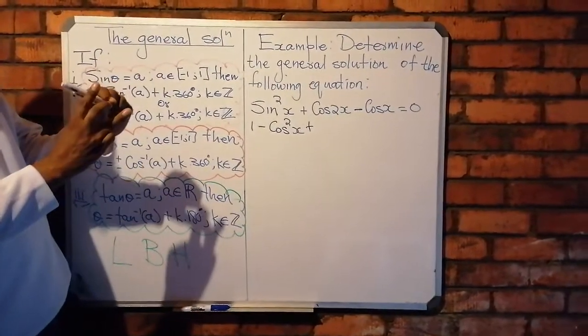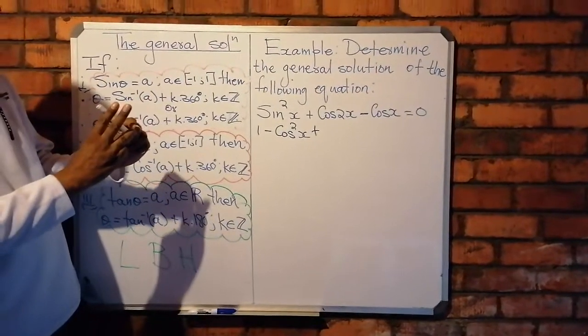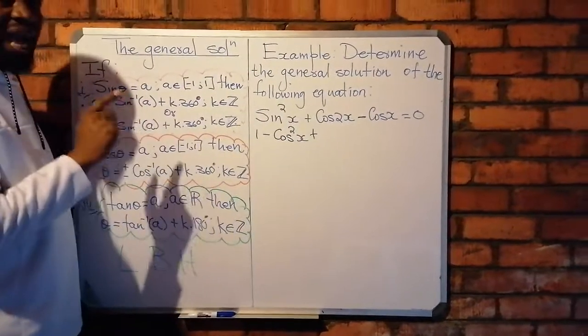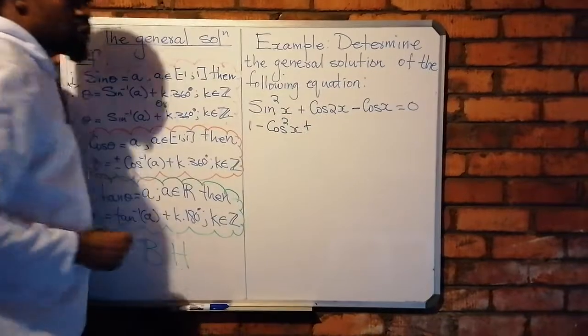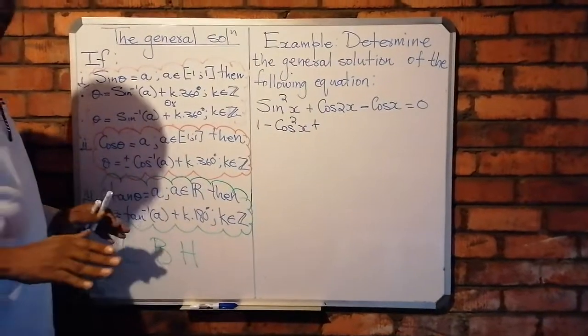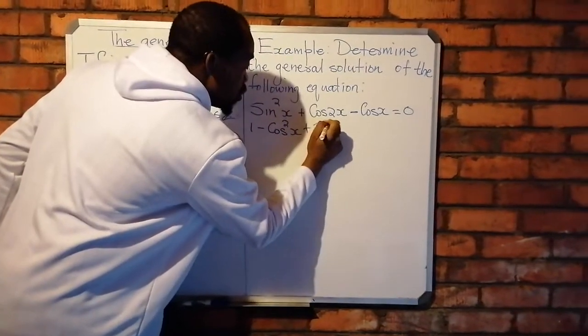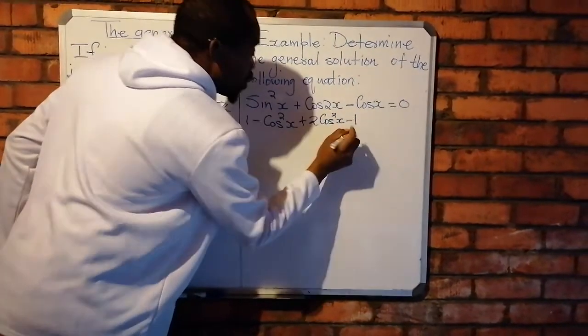It can be 2 cos squared x minus 1. It can be 1 minus 2 sine squared x. Now, in this case, because I want cos x, I'm going to write cos 2x in terms of cos x only. That is going to be 2 cos squared x minus 1.